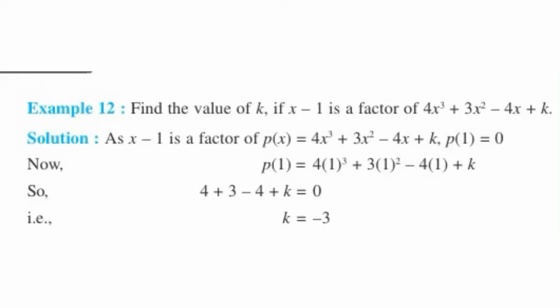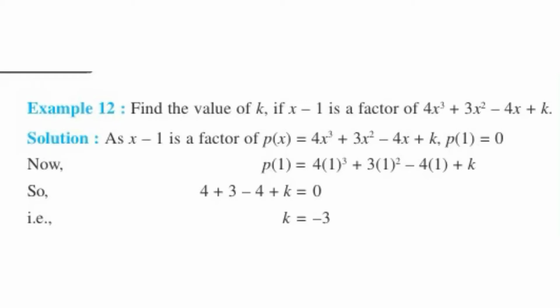So p of 1 is equal to 4 into 1 cube plus 3 into 1 square minus 4 into 1 plus k, which is equal to 0. So 4 plus 3 minus 4 plus k is equal to 0, and we will get k is equal to minus 3. So this way you can obtain the value of k.